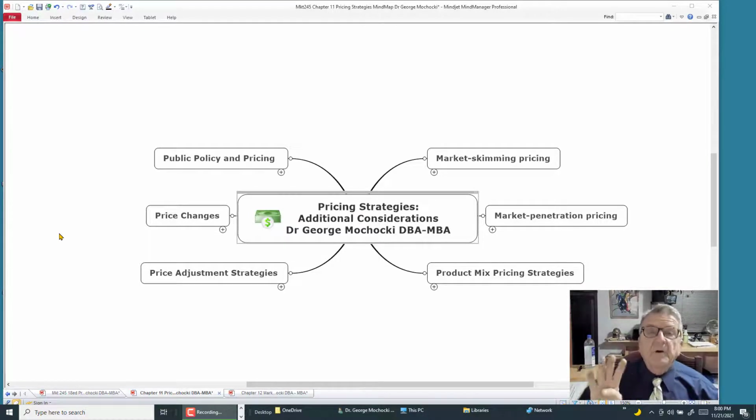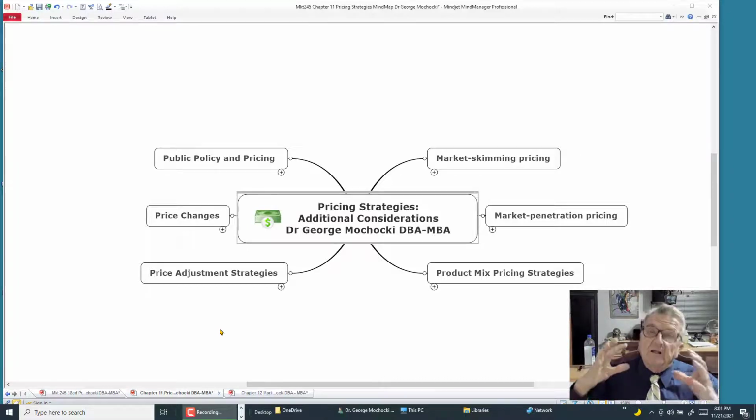Remember, pricing is part of the 4 P's of marketing: integrated marketing, place, price, promotion, and product. So we're going to be talking about price, the second part. One way of adjusting prices, if you have a high or low price, is how do I keep the price, because a lot of businesses and customers look at price as value, and they expect a better product for a higher price.